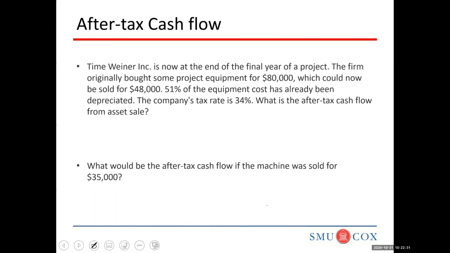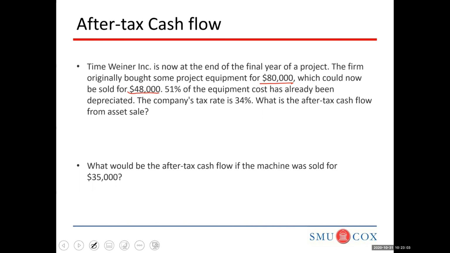So time winner is now at the end of the final year of a project. The firm originally bought some project equipment for $80,000, which now could be sold for $48,000. 51% of equipment cost has already been depreciated. The company's tax rate is 34%. What's the after-tax cash flow from asset sale?